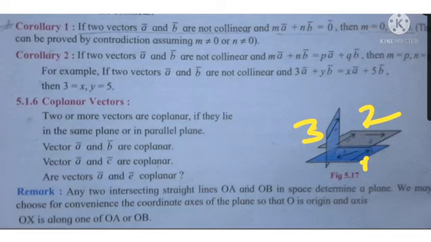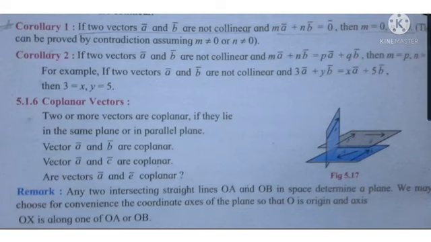In the second plane there are two vectors c bar and d bar, and in the third plane there is one vector e bar. When we say that these are coplanar vectors, two or more vectors are said to be coplanar if they lie in the same plane or in a parallel plane.